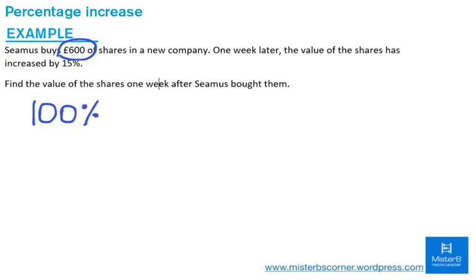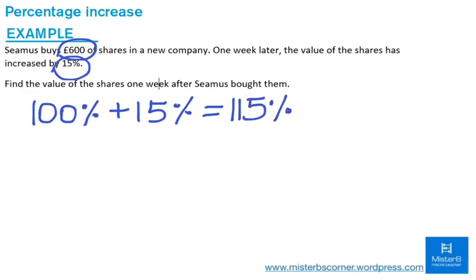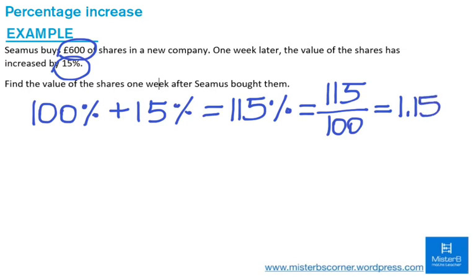Now we know that the increase is 15%, so I have to add them because they increase. So I will get 115%. As a fraction, I can write this as 115 over 100, or as a decimal, I can write this as 1.15.